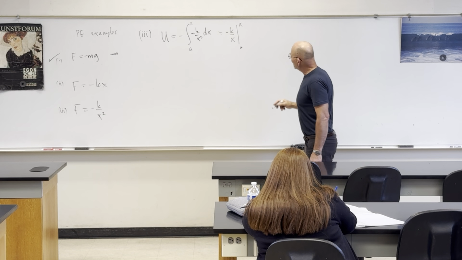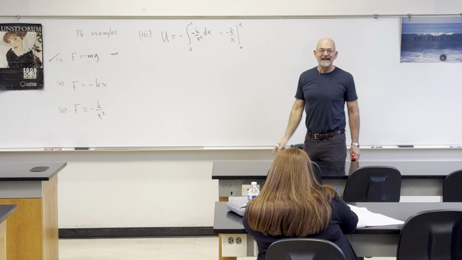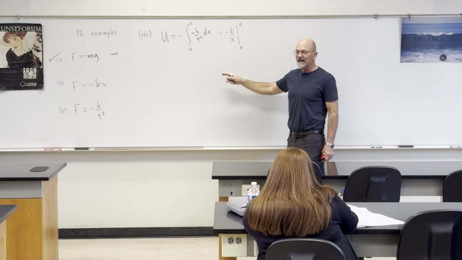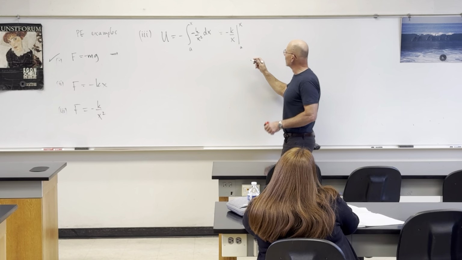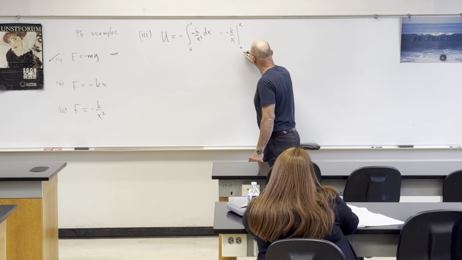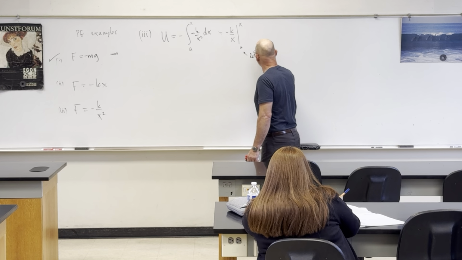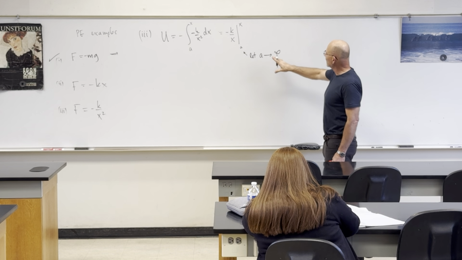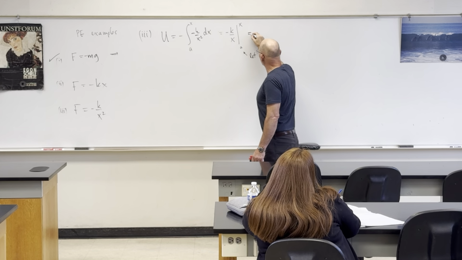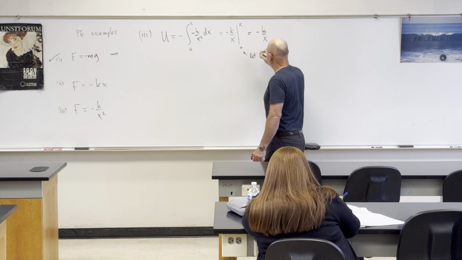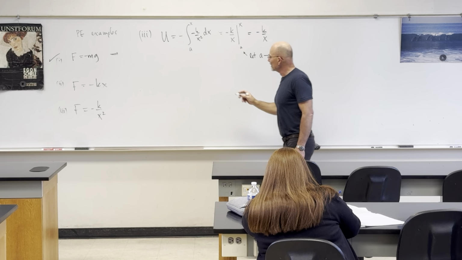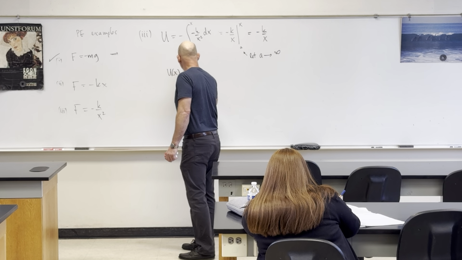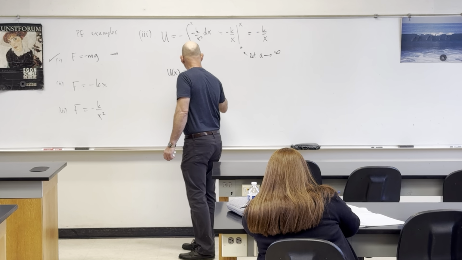And the convention here is take a out to infinity. You're going to have a 1 over a. You take a out to infinity, then that's 0. So let a go to infinity. Strictly speaking, it doesn't have to, but that's a useful convention. And we just end up with minus k over x for the potential for the inverse square law. So now we have U of x equals minus k over x.